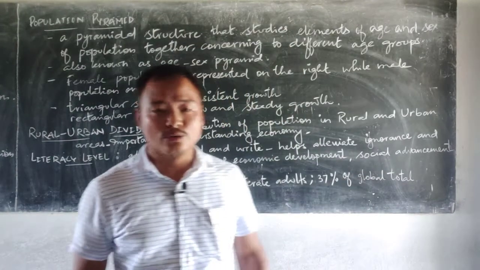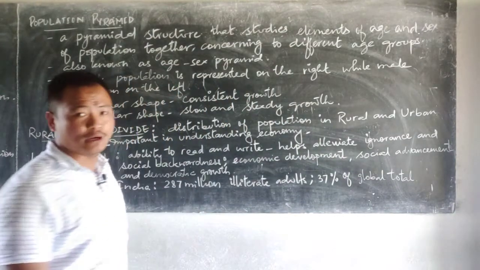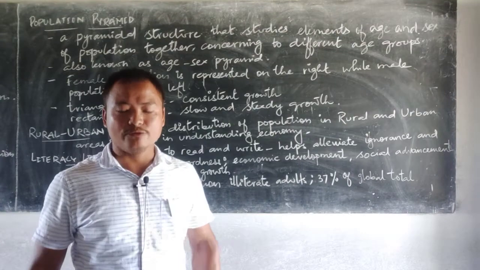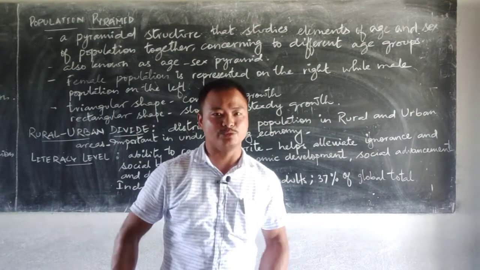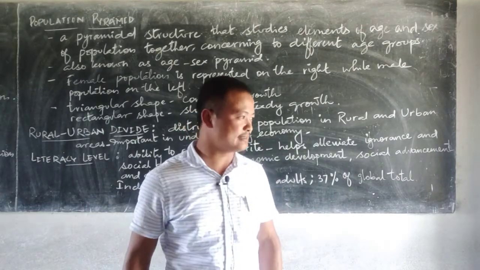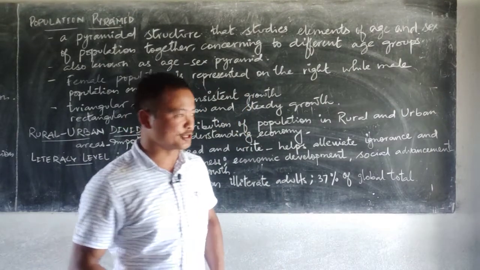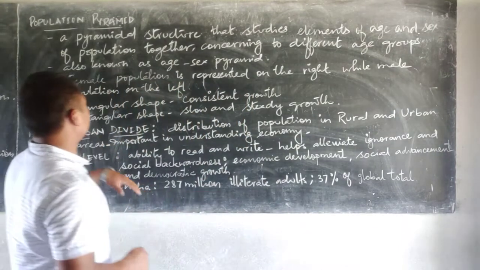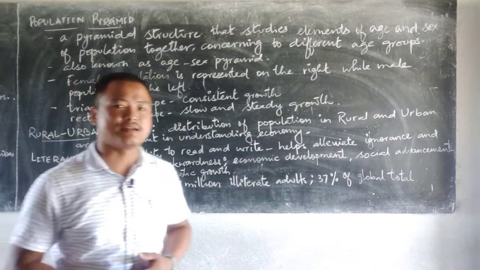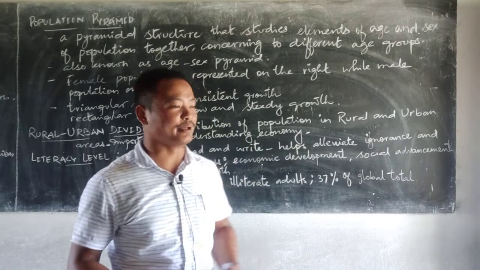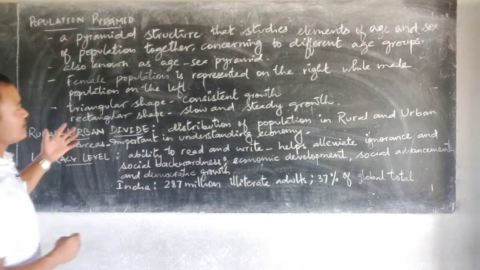Next we come to the topic of population pyramid. We all know what a pyramid is shaped like. Egypt is very famous for its pyramids, which are triangular in shape. In a similar manner, the population structure is also represented in a pyramidal structure.